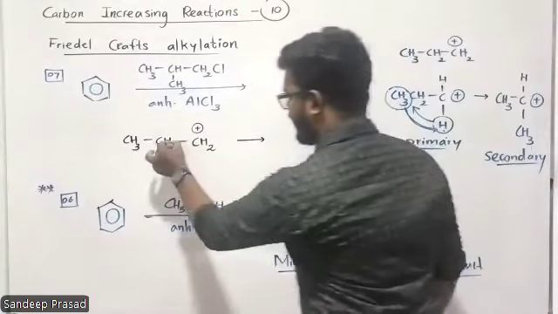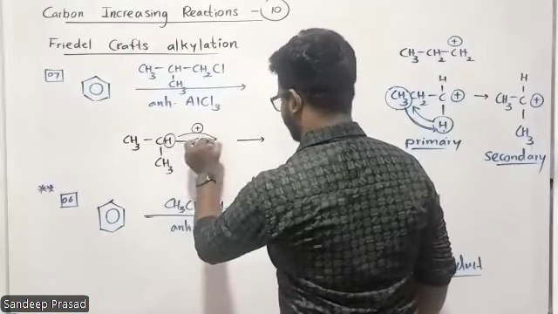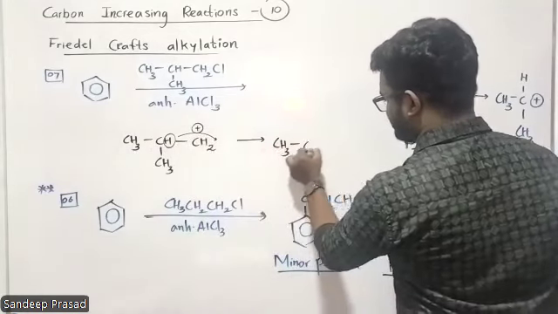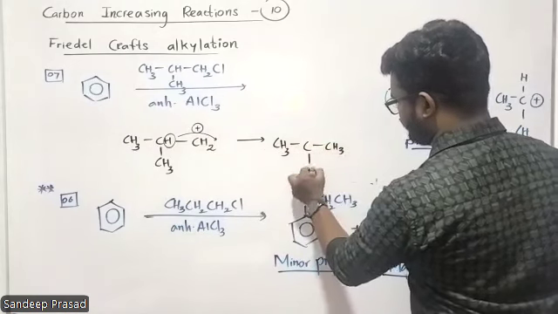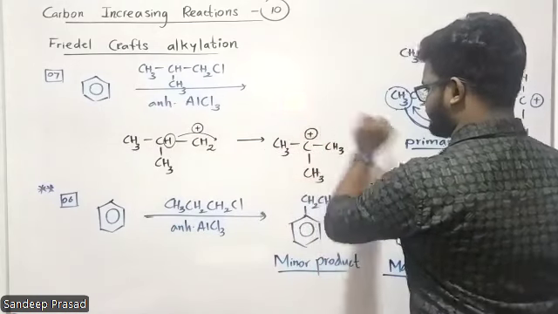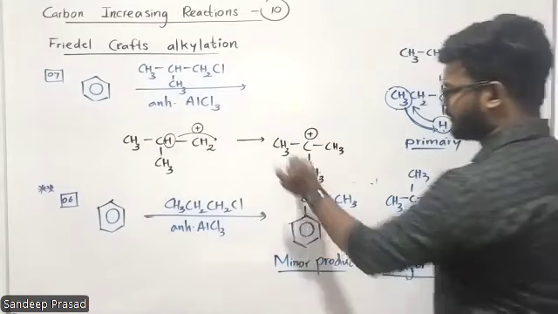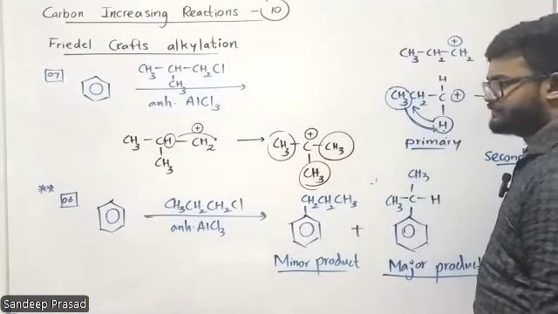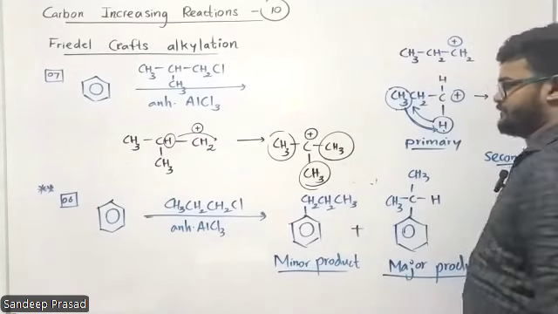How? This hydrogen can be shifted here, and then this positive charge is going there, and then we have CH3, and here also a methyl group is there. This is positively charged. Then you can see that there are 3 alkyl groups. So this is a tertiary carbocation.